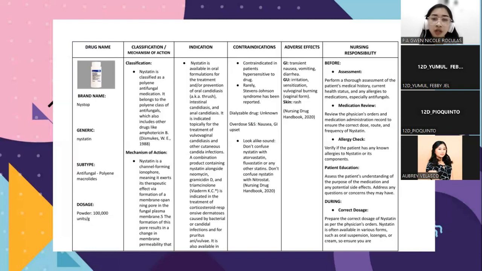A combination product containing Nystatin alongside neomycin, gramicidin D, and triamcinolone or Viaderm KC is indicated in the treatment of corticosteroid responsive dermatosis caused by bacterial or candidal infections and for pruritus vulvae.